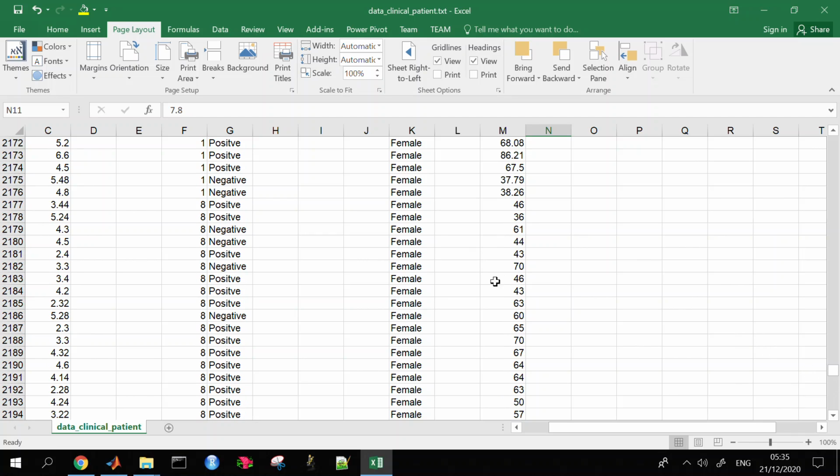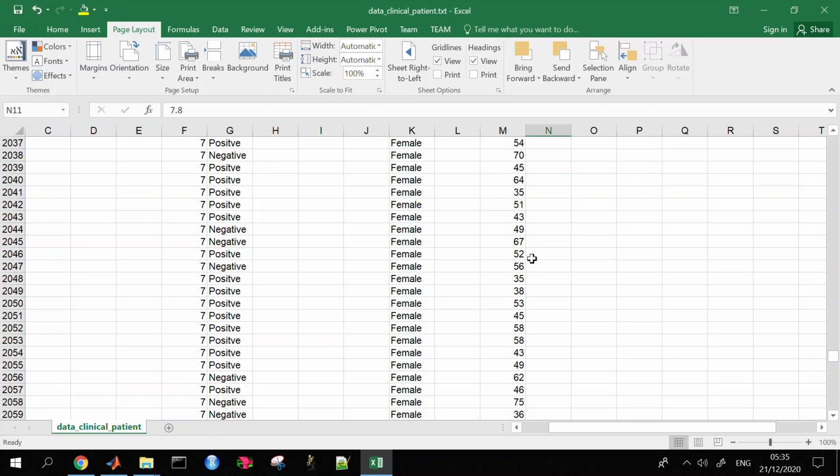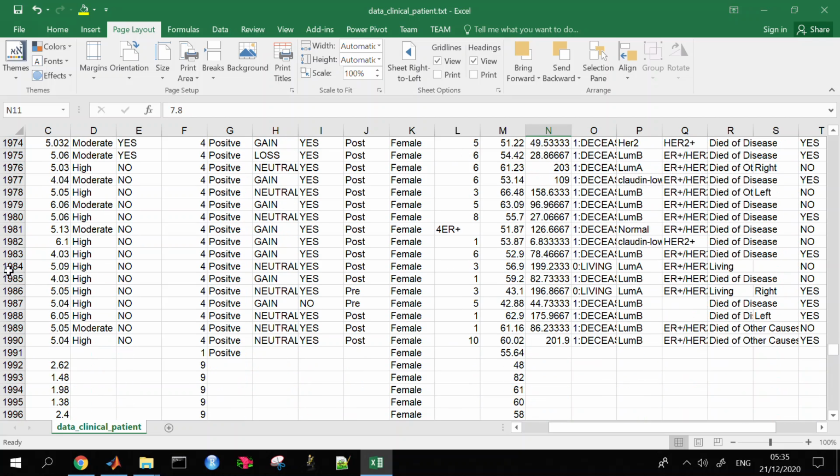Yeah, so the file continues, even though not everything was documented. But you have to make sure that these two columns are equal in length.